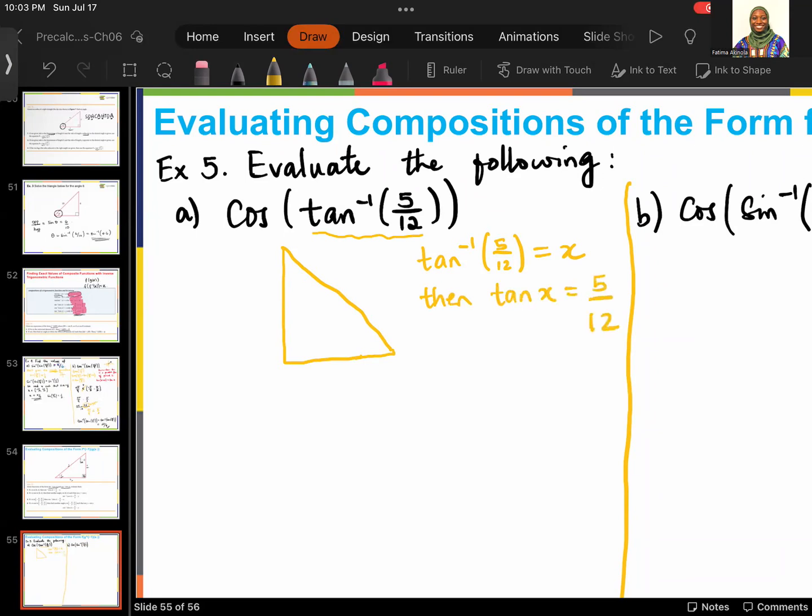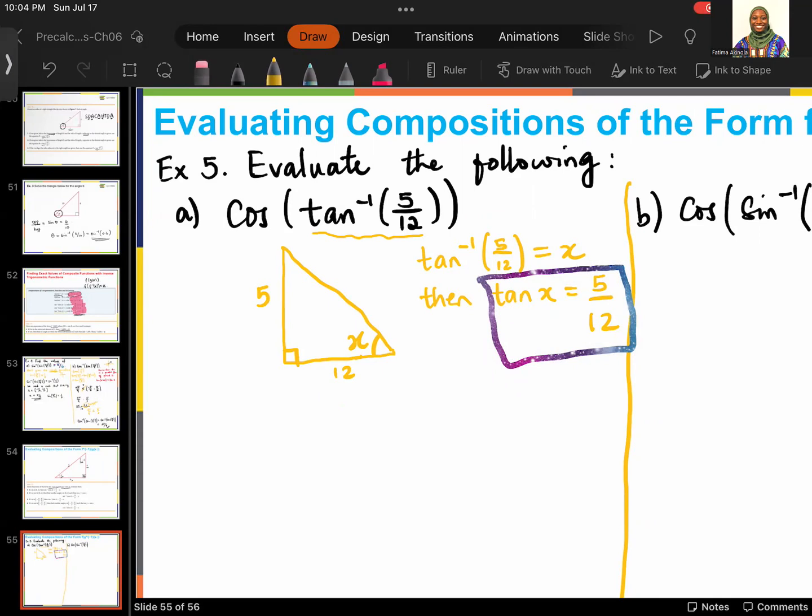We talked about this in the second slide. I can use this information to create my right angle triangle. If I call this angle x, tan is opposite over adjacent, so opposite 5, adjacent 12. Again, pardon me, I'm not drawing any of this to scale. I just need to get the point across.